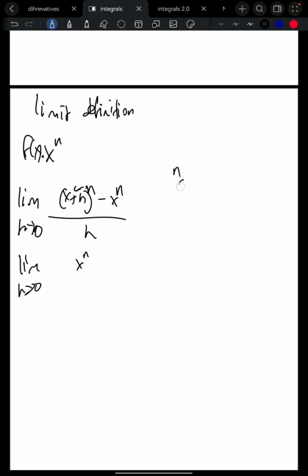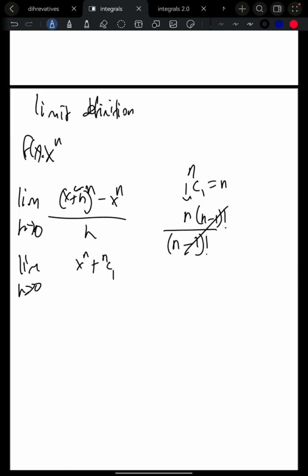Because nC0 is just 1, so it's just x to the n, plus nC1, and nC1 is just equal to n, right? Because this is just n factorial divided by n minus 1 factorial times 1 factorial. 1 factorial is just 1, and n factorial is just n times n minus 1 factorial.